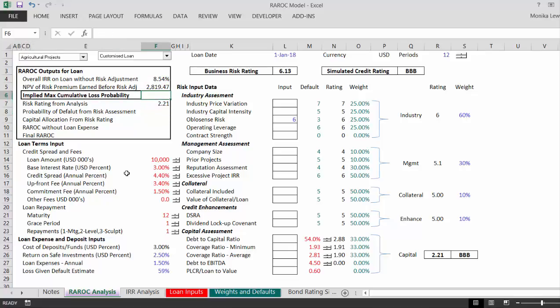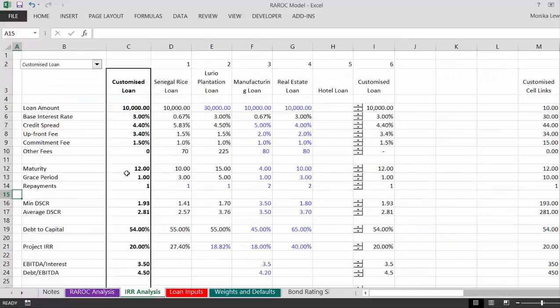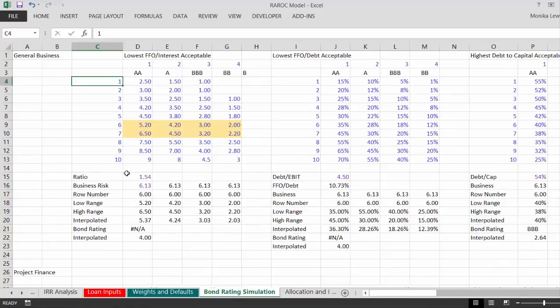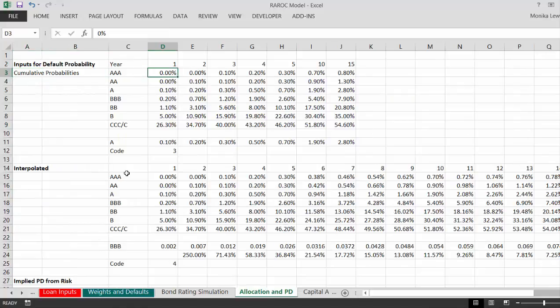That's the first thing we're going to compute. And then we'll do it a little bit differently. We'll take this risk rating and put it together with the probability of the losses and figure out what the probability of default should be from these tables.